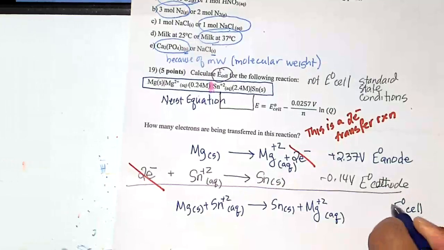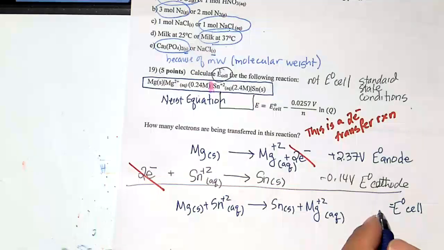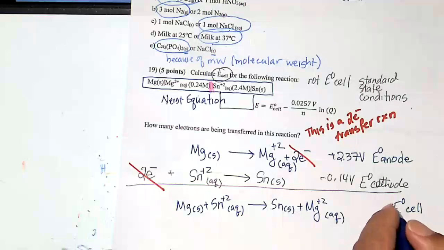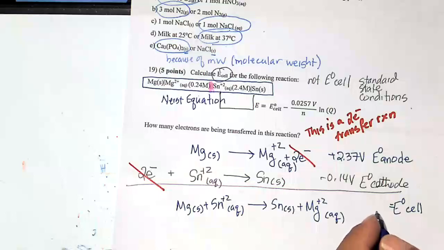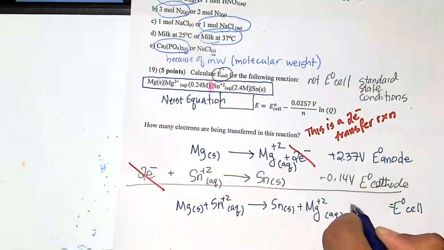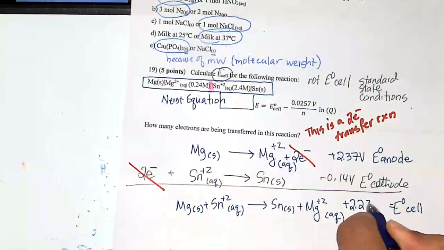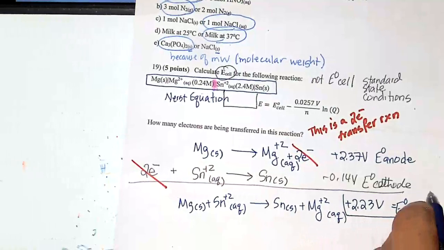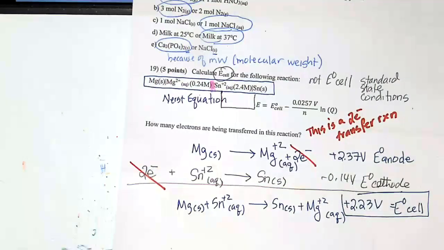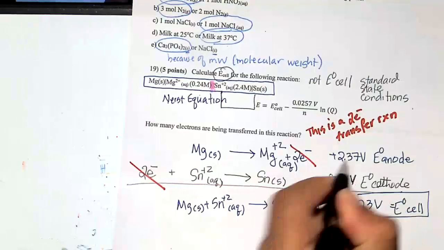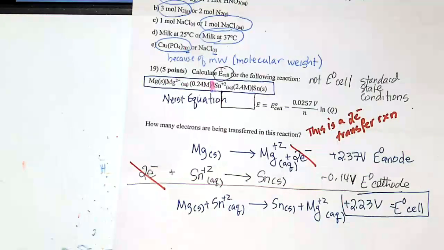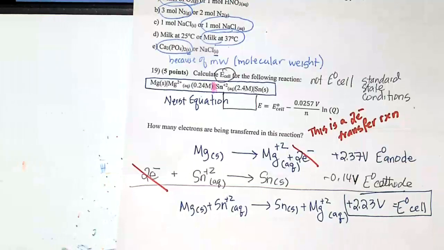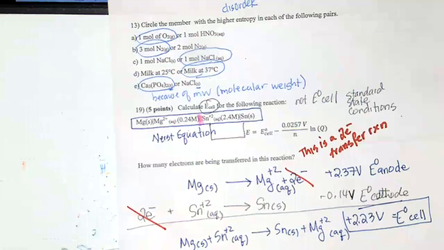Doing all this, we have calculated an E cell standard, which is 2.37 minus 0.14. This is going to be positive 2.23 volts. Is that what you're getting? So this is not the answer, because those are under standard state conditions.